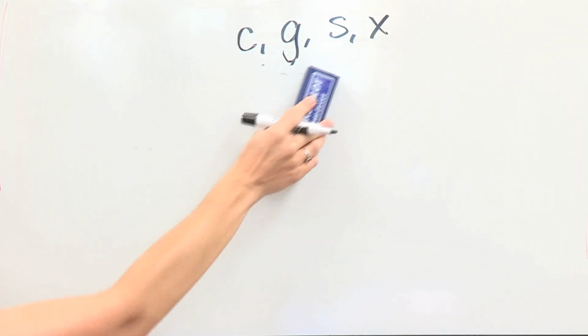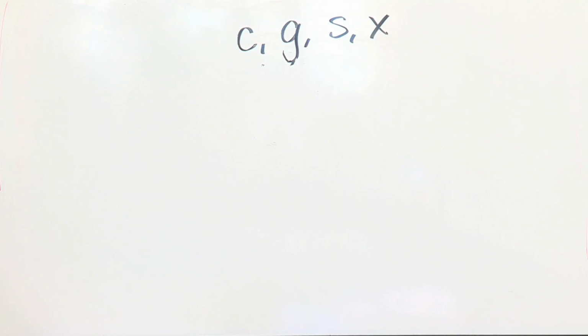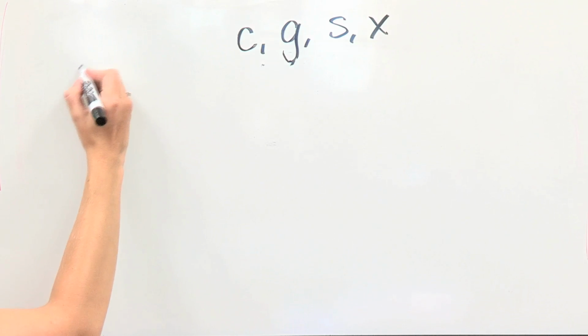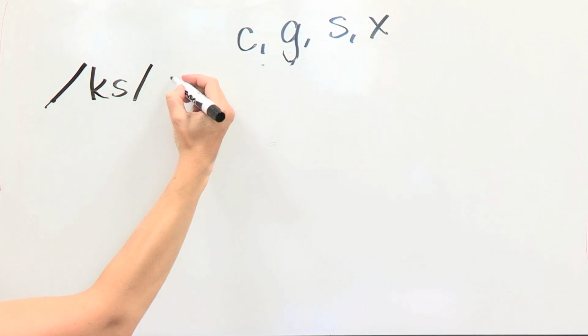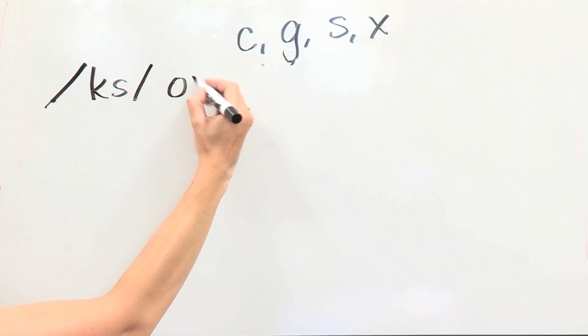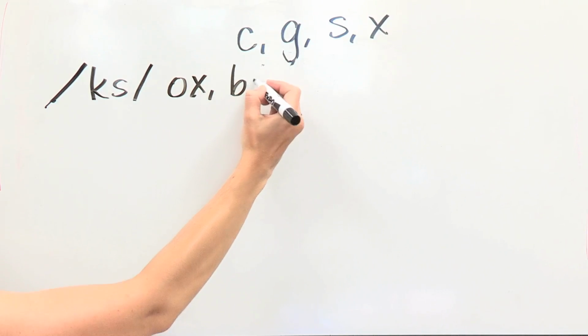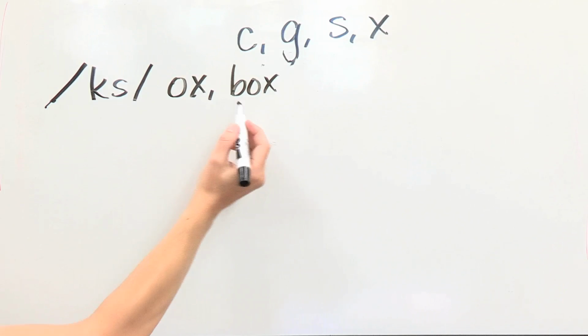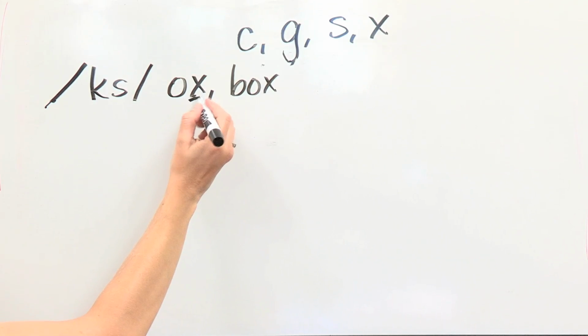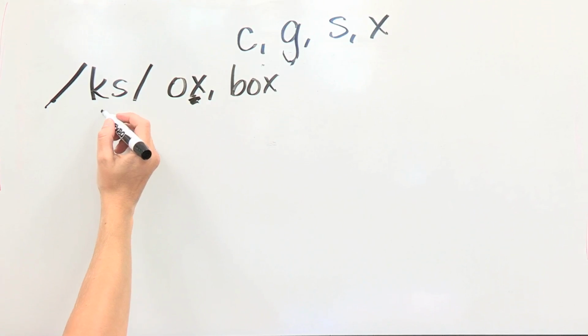Right, now let's go to the letter X. Right? The X has three different phonemes. It can make the X sound, as in ox, box. Right? So this letter X, the grapheme X, makes the phoneme KS.